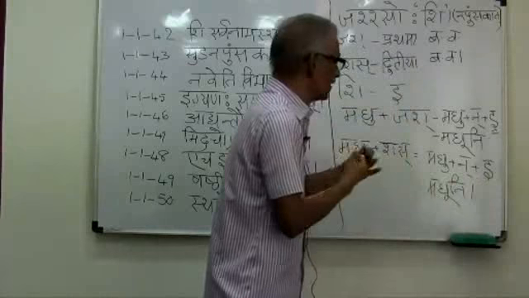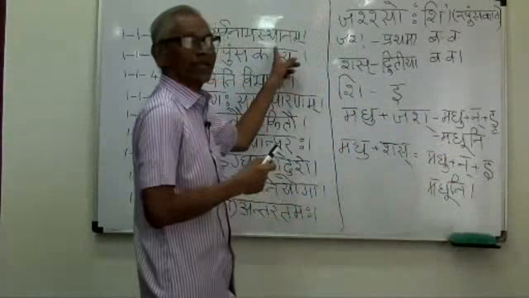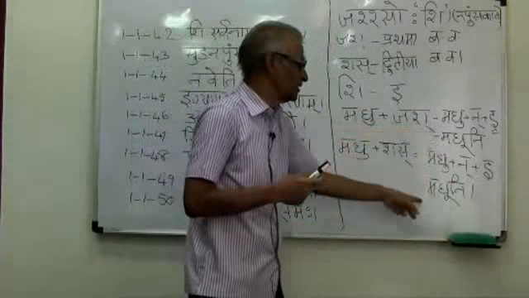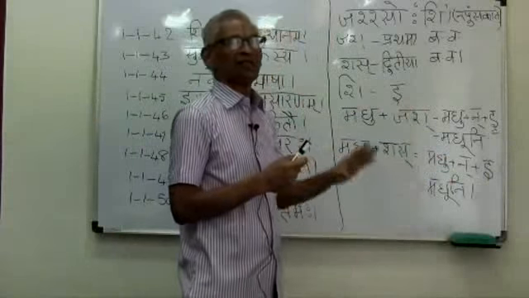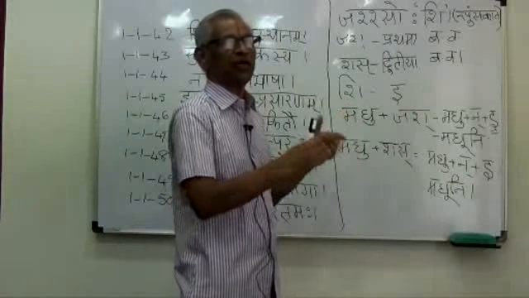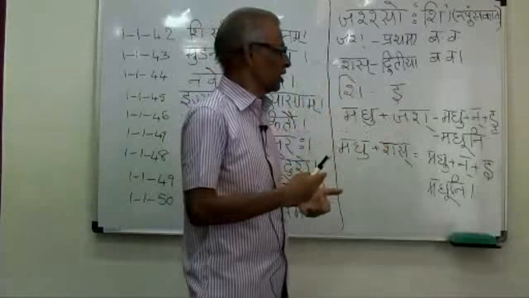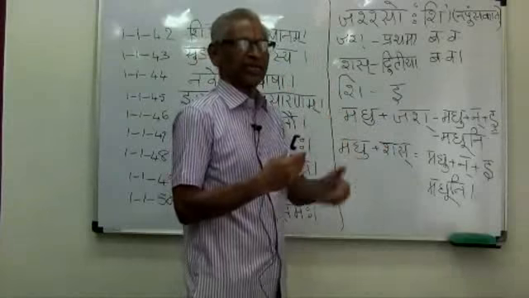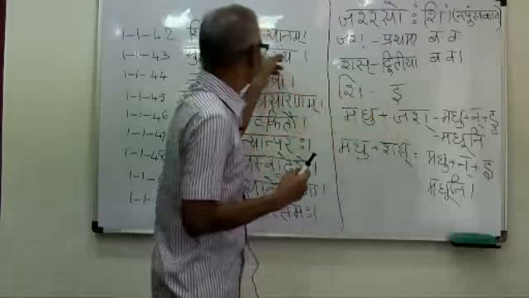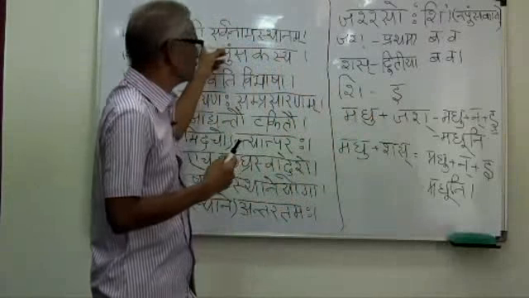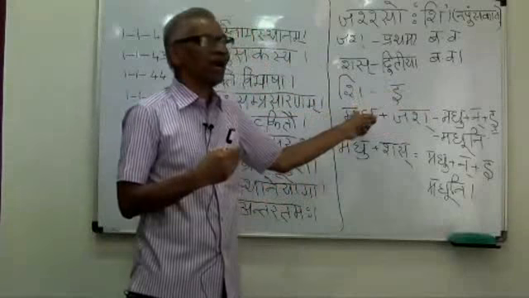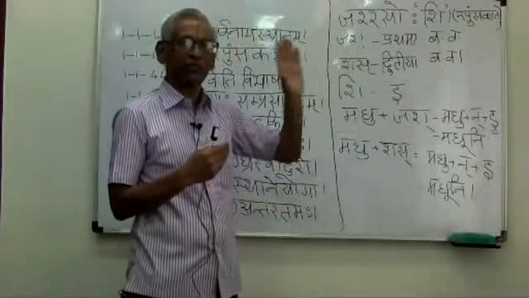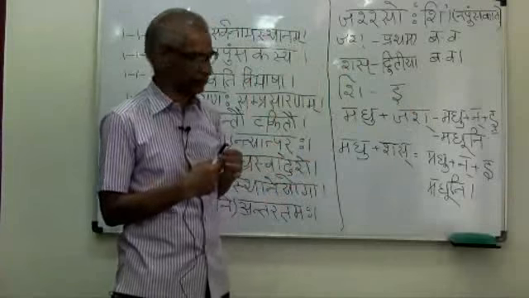So these two places, sthanam means place, are called Sarvanama Sthanam. So whenever in later sutras Sarvanama Sthane is stated in a sutra, we have to think that the place where Shi Pratyaya is imposed on the word is called Sarvanama Sthanam.